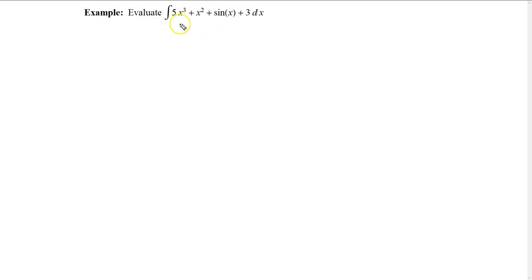So here we want to evaluate the indefinite integral of this function, 5x cubed plus x squared plus sine x plus 3. All right, so by the sum and difference rule, we can write that as follows. Now I'm going to write this out in detail, showing you how we use all of our rules. And once you get good enough at this, you don't have to write all this out in detail like I'm doing here.